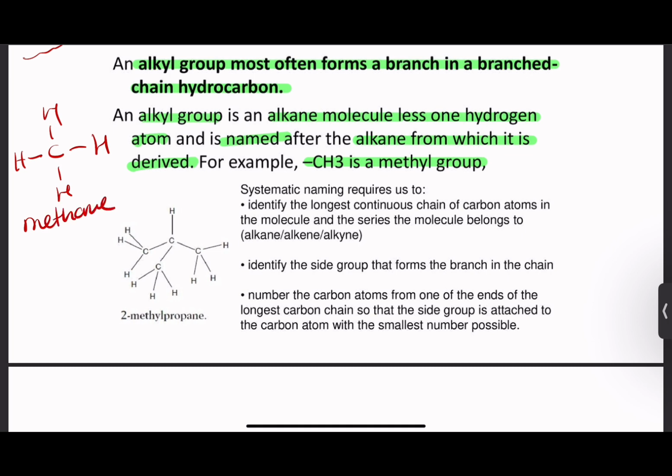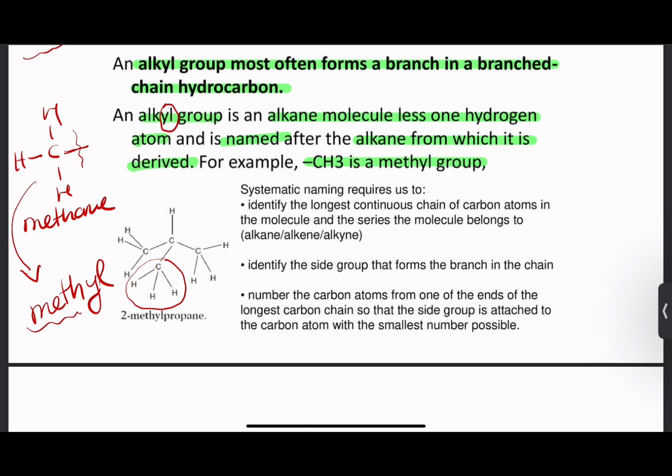But if I delete this hydrogen and make this carbon connect with anything, this is going to be called met. You see, this is the root. Ending is going to be with YL. It'll be methyl.